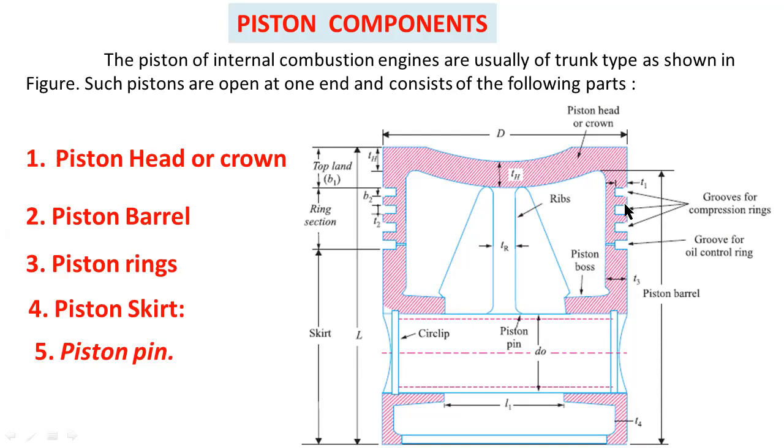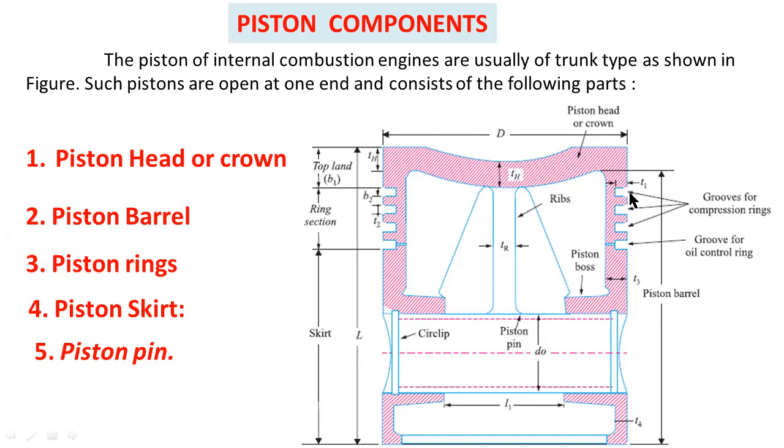Here these are the piston grooves. Here we are inserting piston rings. Piston rings are used to seal the cylinder in order to prevent leakage of the gas past the piston. These slots are called piston grooves, where we insert piston rings and oil rings.